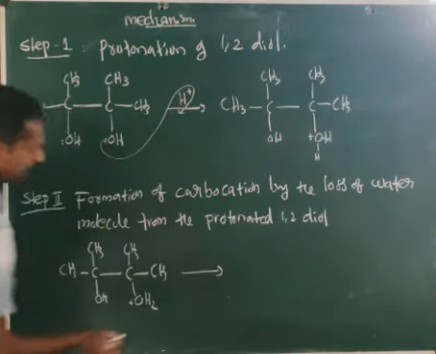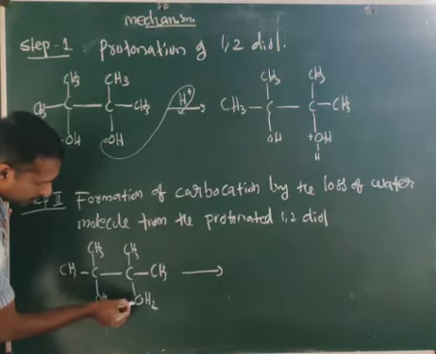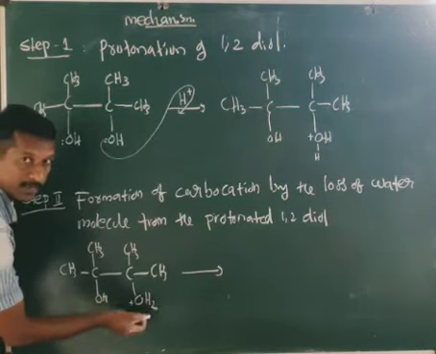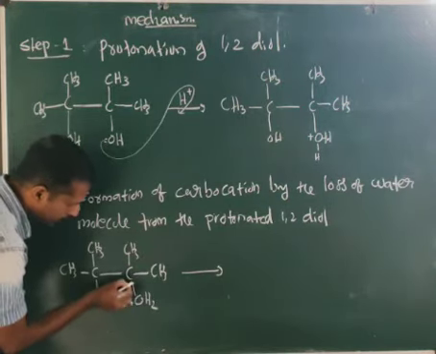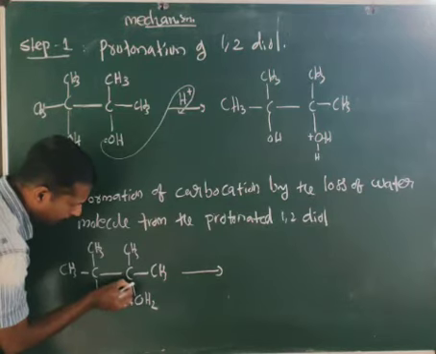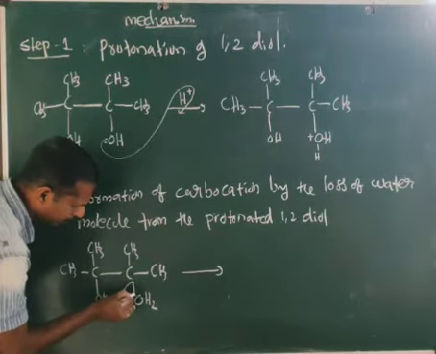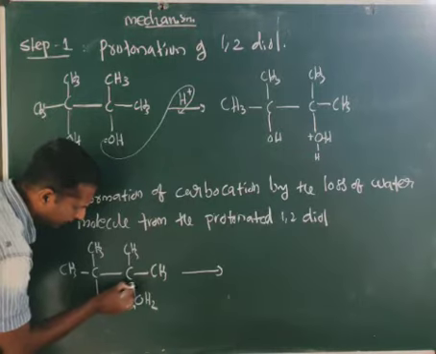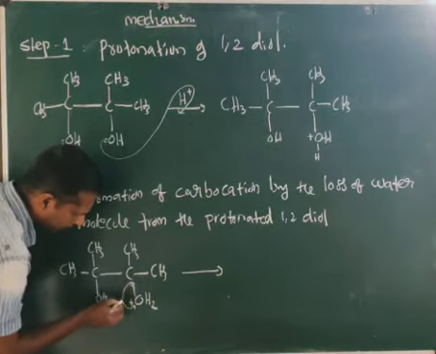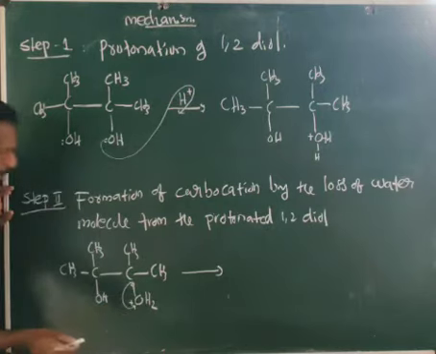Now what will happen? Immediately, since the oxygen has a positive charge, for stability this bond breaks from carbon and moves to oxygen. A bond means a pair of electrons, and it is breaking from carbon and moving to oxygen.